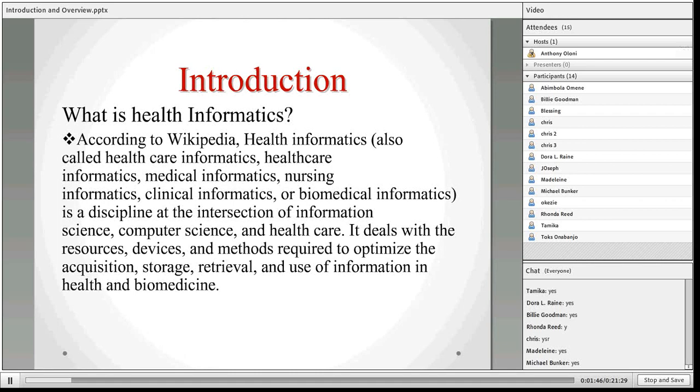Health informatics, for example, what you're learning in the CEHRS course, is when you're involved in things like electronic medical records or research or analysis of data, bioinformatics, and so on and so forth. So it deals with devices and methods required to optimize acquisition, knowledge, and retrieval of information used in healthcare.